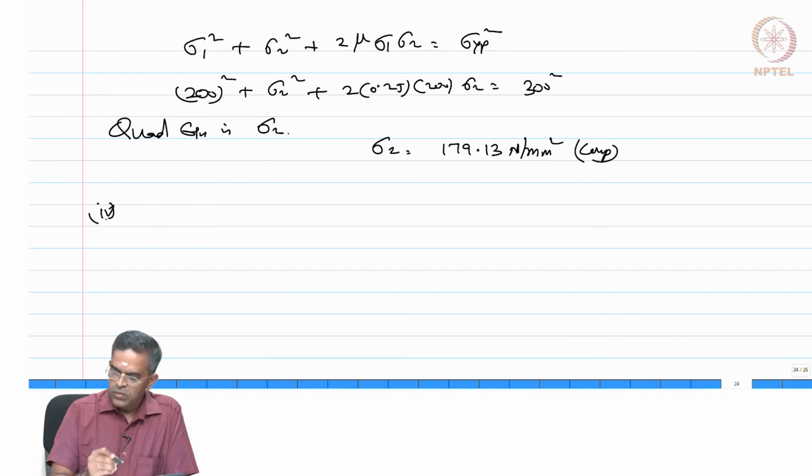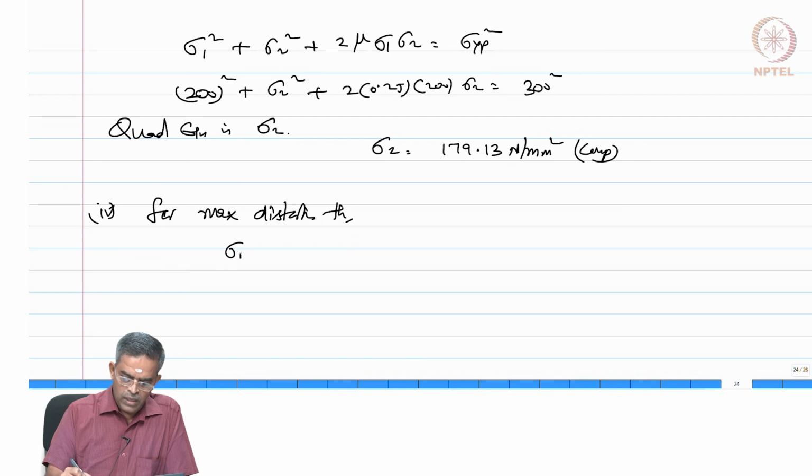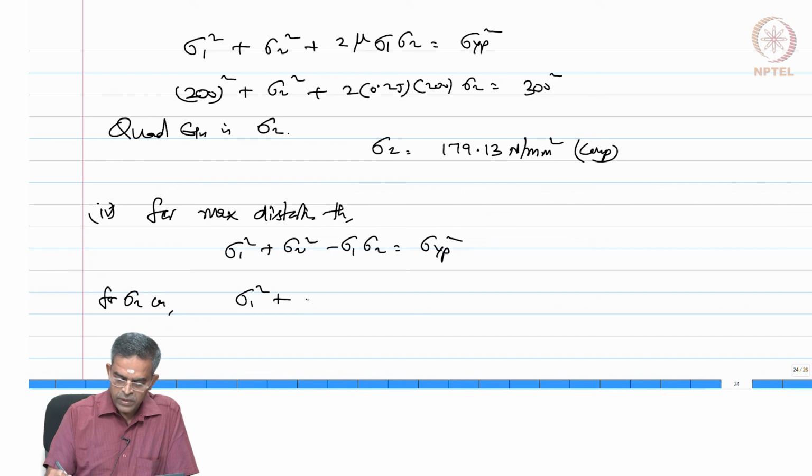Now, for maximum distortion theory, the equation is given by, for sigma 2 compressive, so let us substitute that.